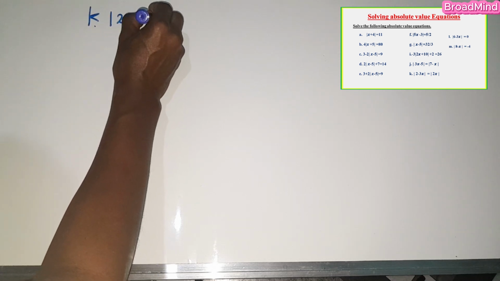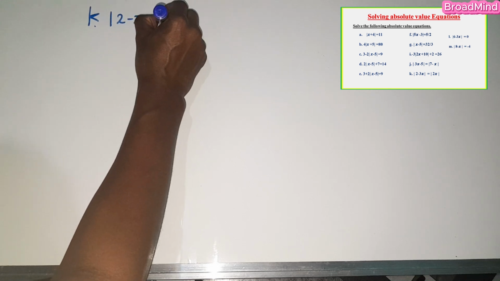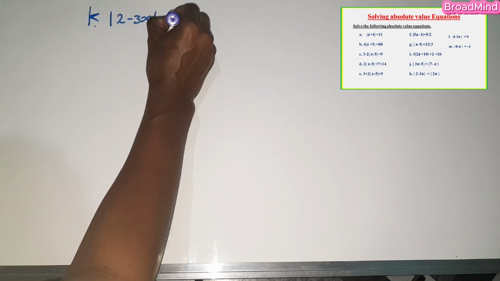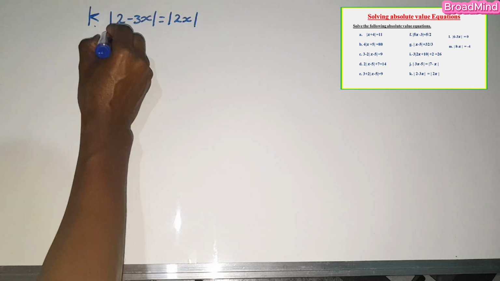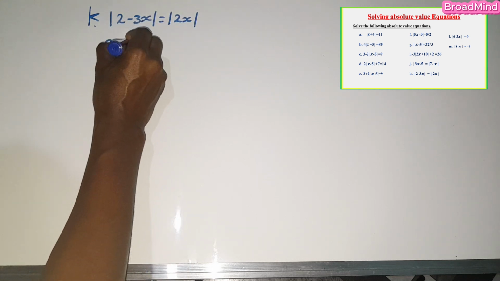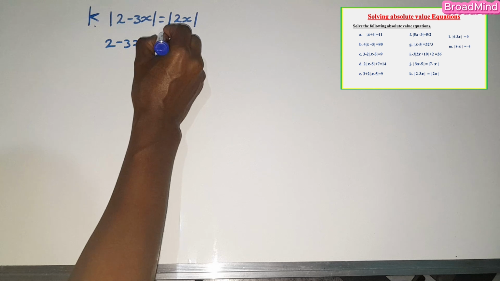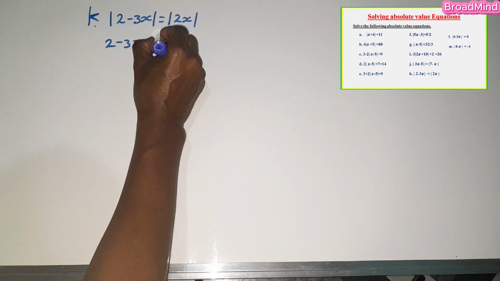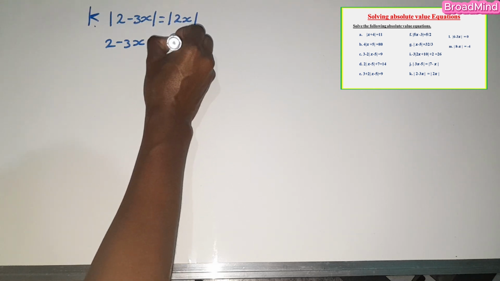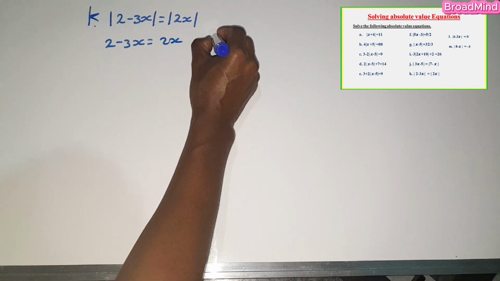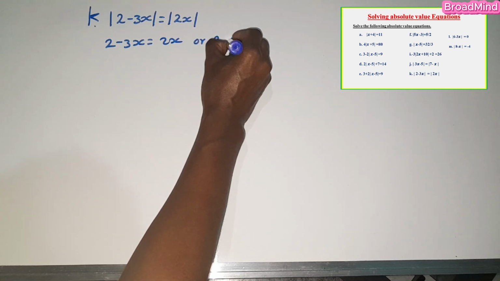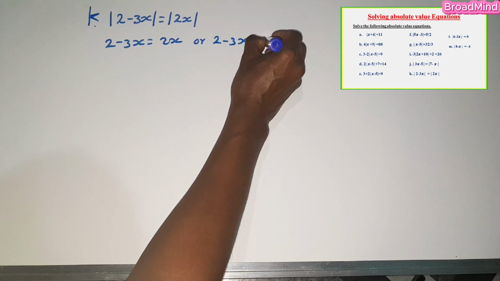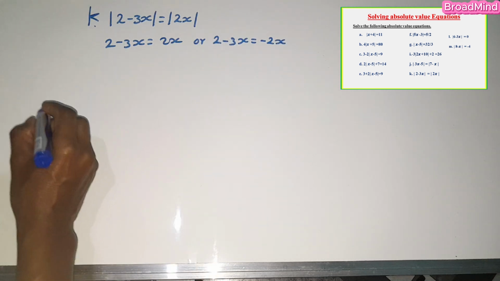Absolute value of 2 minus 3x is equal to absolute value of 2x. 2 minus 3x is equal to 2x, or 2 minus 3x is equal to negative 2x.